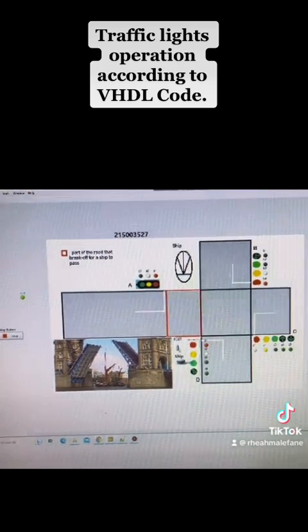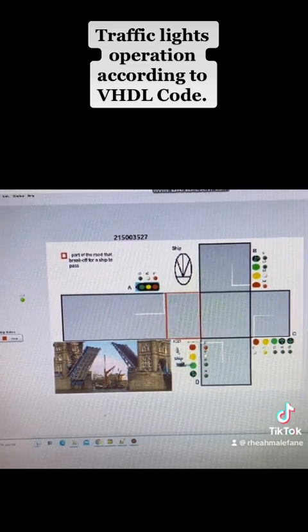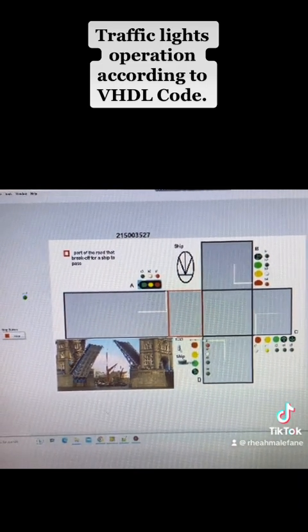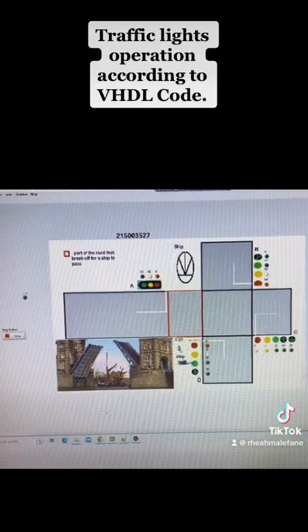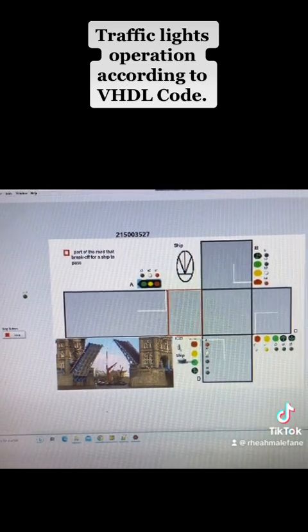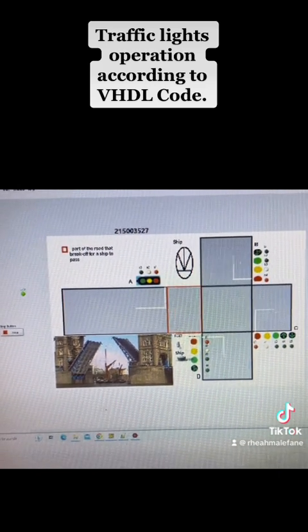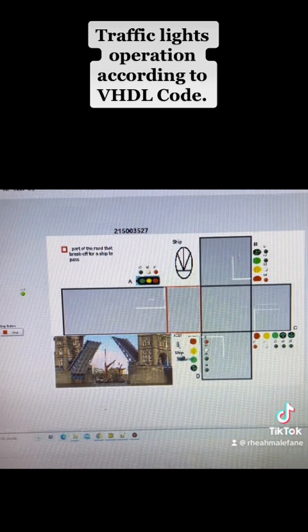Then C2 becomes high while A1, B4, and D1 remain high. Then C1 becomes high.